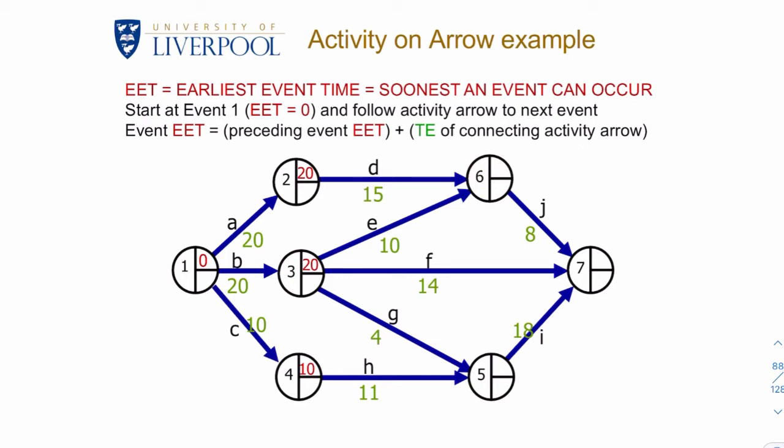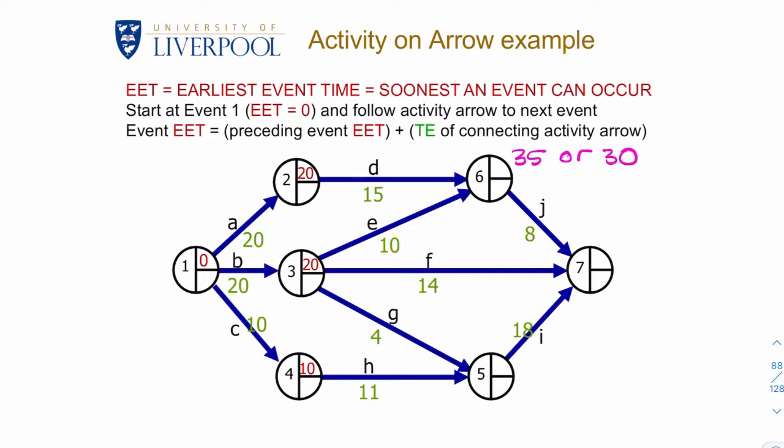We need to have completed both D and E. So to get to here, we need either 15 days following the 20 days, which is 35 days, or 10 days following the 20 days it took us to get here. So 20 plus 10 is 30.